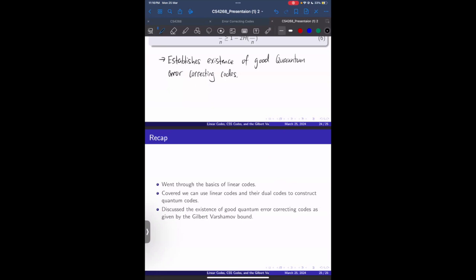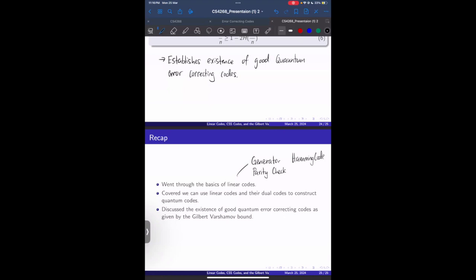We discussed the generator matrix and the parity check matrix, right? And we also gave some examples of the Hamming code. Namely, we showed that the Hamming code is nice in that the syndrome tells us precisely the position of the bit that got flipped.